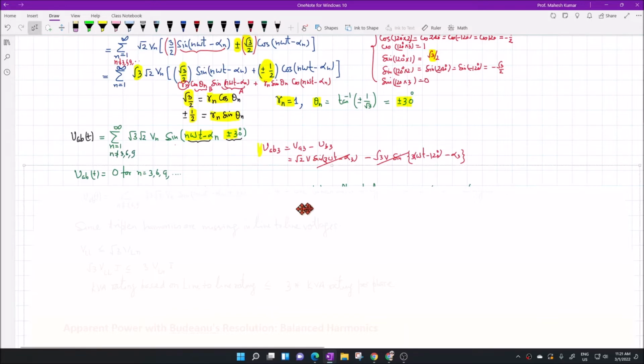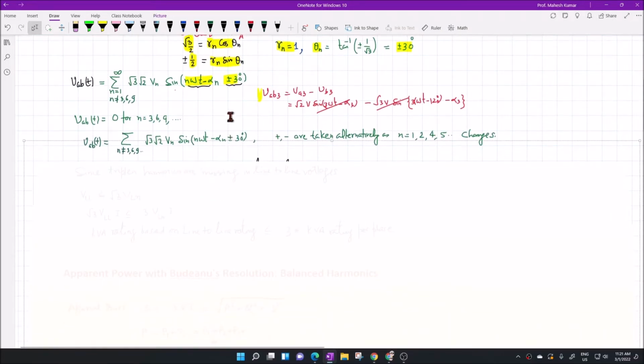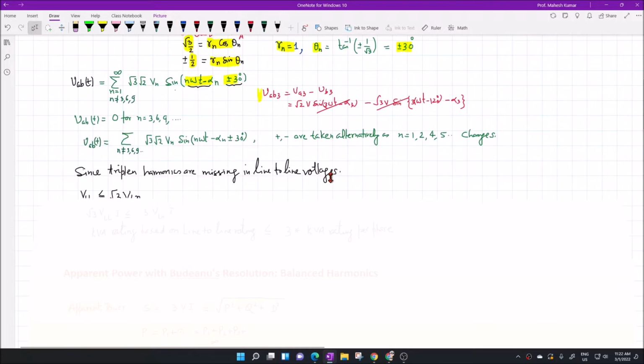So what we find here is that the value of line to line voltage is therefore root 3 root 2 Vn sin n omega t minus alpha n plus minus 30 degree, where n changes from 1 to infinity, but n is not equal to 3, 6, 9. For n 3, 6, 9, VAB equals 0.